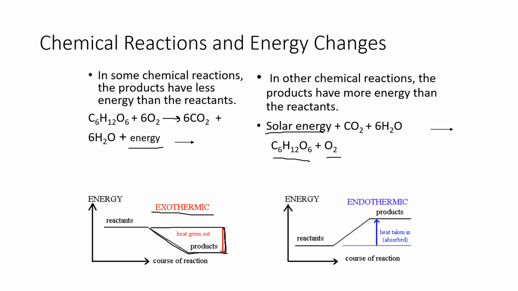So that's our interdependence shown again right here based on that solar energy. In this energy diagram, the reactants have lower energy than the products. And the difference in that energy is the energy that is absorbed in order for that reaction to take place.